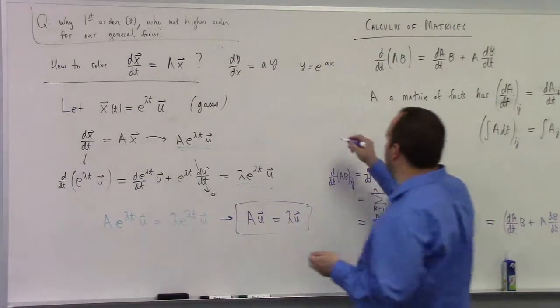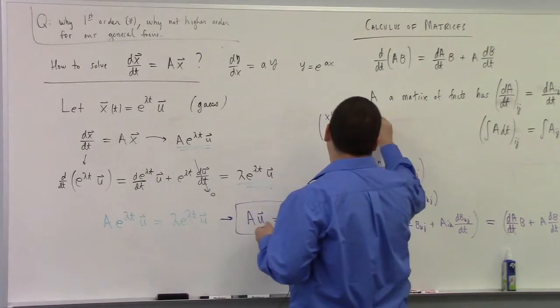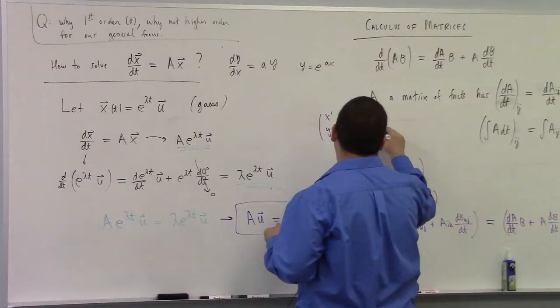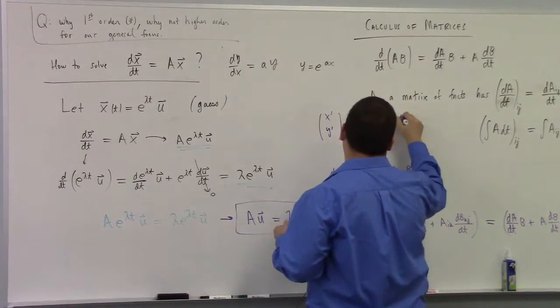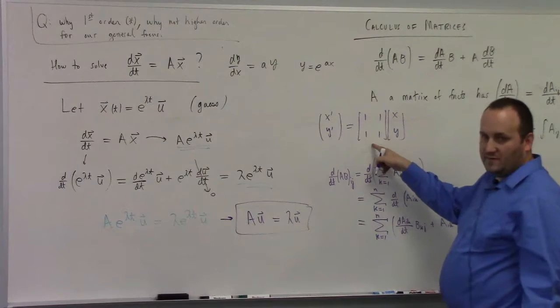For example, if I had x prime, y prime equals the matrix 1, 1, 1, 1 times x, y, like this, I can tell you an eigenvector of this.